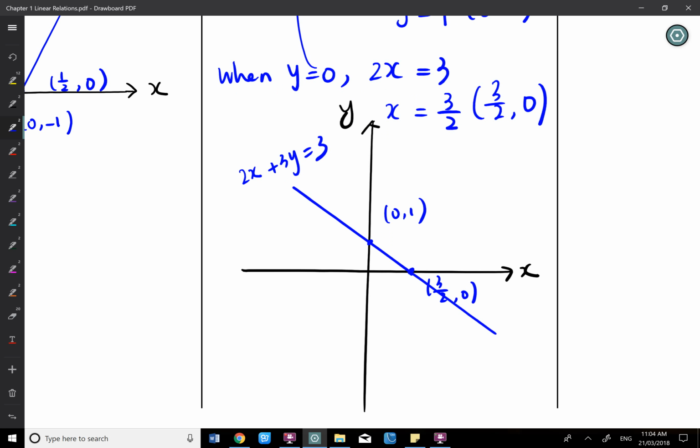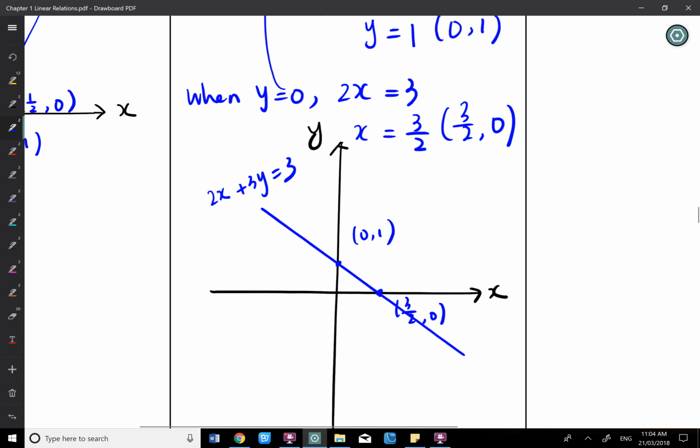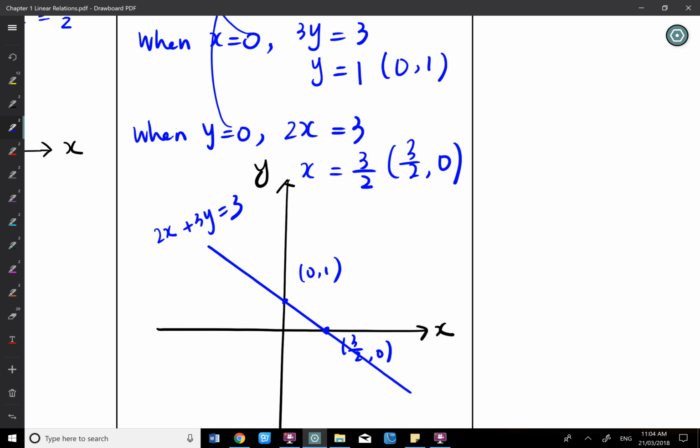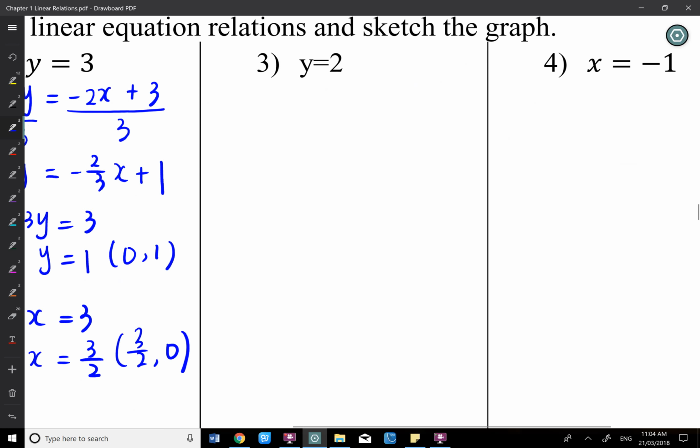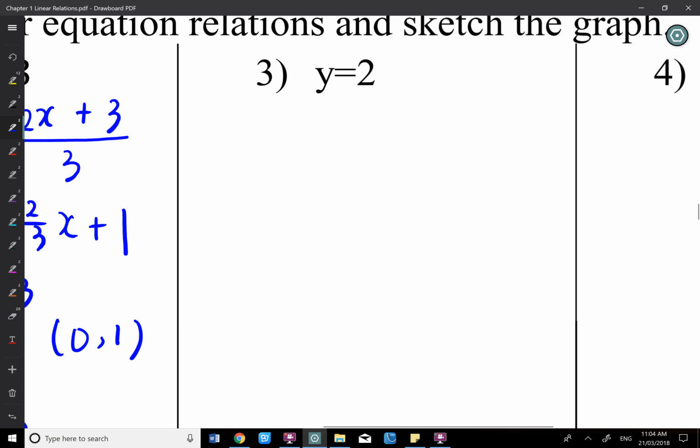All right. The third one, y equals 2. Do you think, what kind of graph is that? I think we should have learned that in year 9 already.